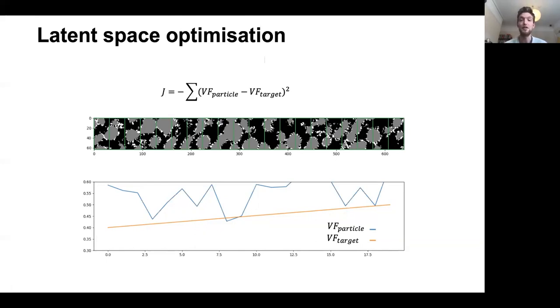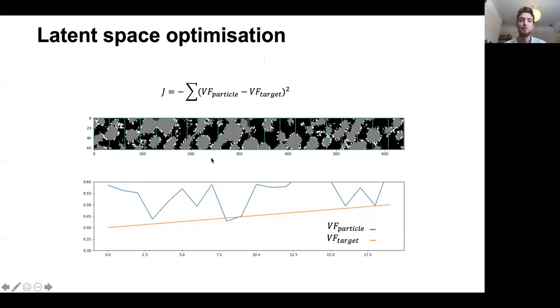So what I've tried to do here is, instead of making a single volume fraction, I want a graded microstructure. In this left-hand box, my target volume fraction is 0.4 or 40% gray. In this right-hand box, my target volume fraction is 50% gray. And then in between, we have this linear gradient.